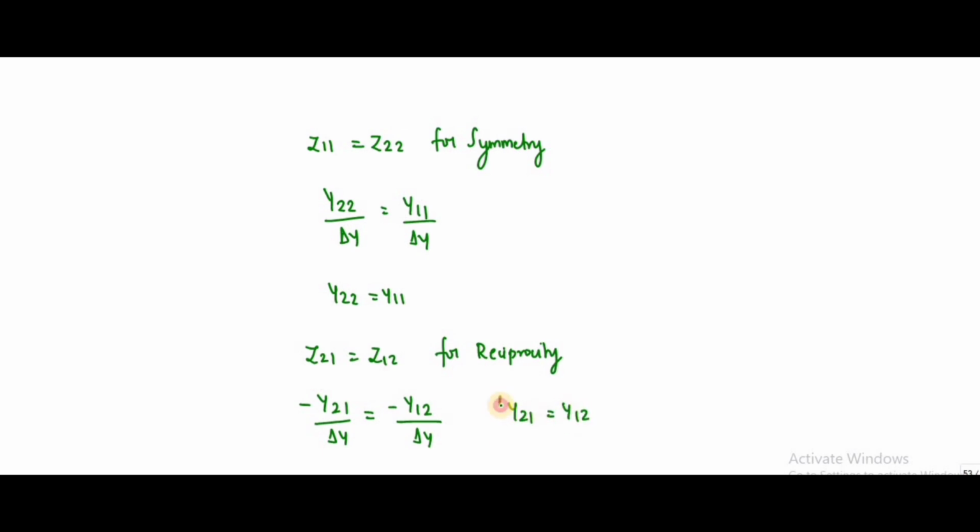Otherwise V1 by I1 is equal to V2 by I2 will stand. So next I am going to represent Z parameter in terms of ABCD. For that also you have to write the equations for the ABCD first.